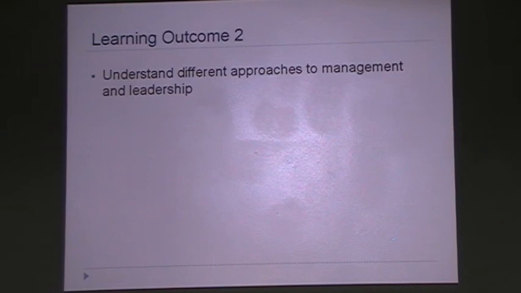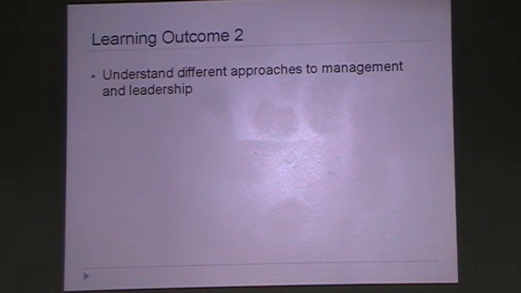We'll be moving now to learning outcome 2. I believe in learning outcome 1, everybody in the class has been able to understand what we mean by organizational structure and organizational culture and how they affect business performance.